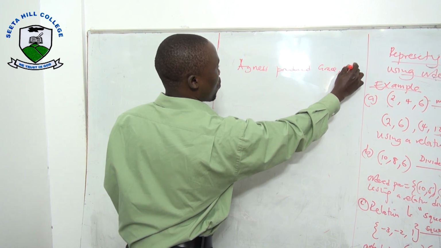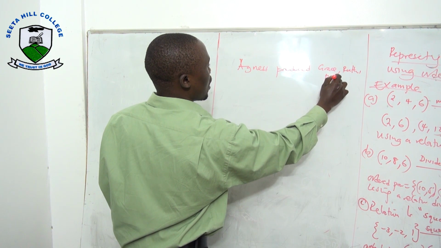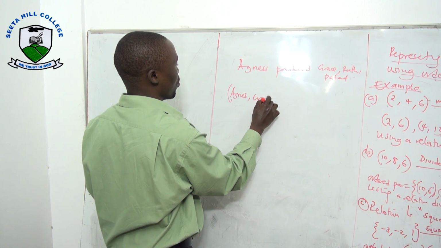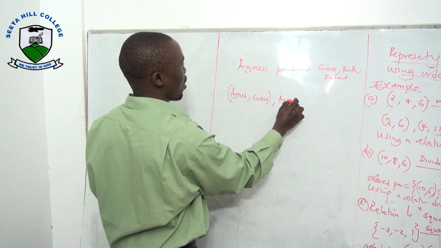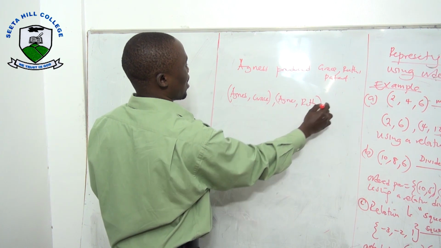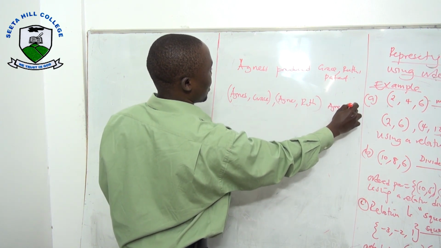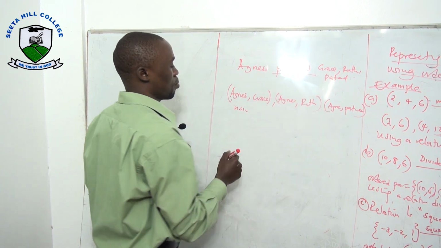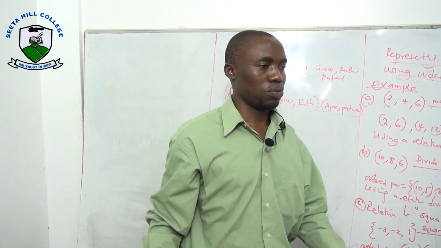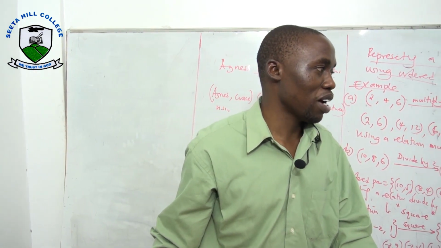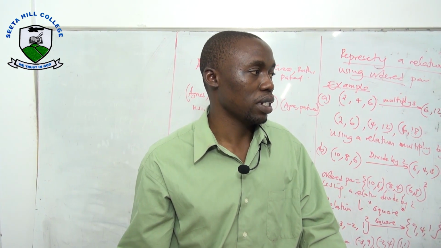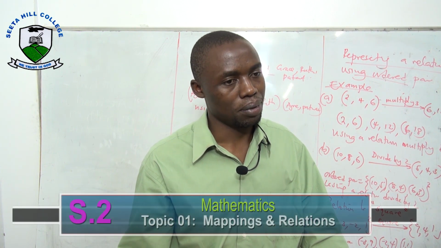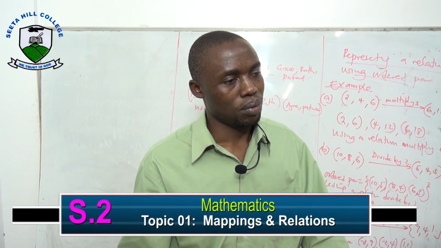And Ruth. And Patience. Now that means your ordered pair will be Agnes with Grace, Agnes with Ruth, Agnes with Patience, and finally using which relation? Produced. Not so? And that means a relation will depend on the set given, will depend on the items that we are talking about.